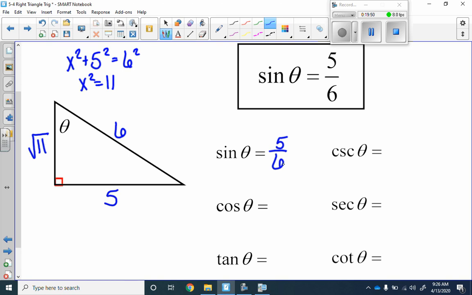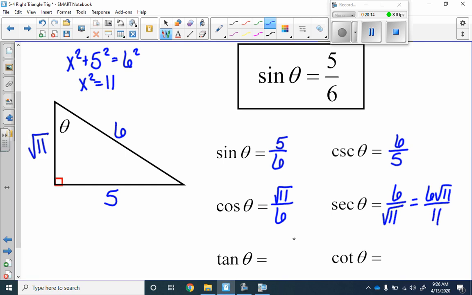So sine being 5/6, I know the cosecant would have to be 6/5. Cosine would be the adjacent over the hypotenuse, so square root of 11 over 6. The secant would be 6 over the square root of 11. Rationalize that, and we get 6 square roots of 11 over 11.